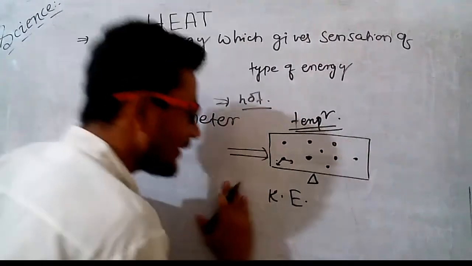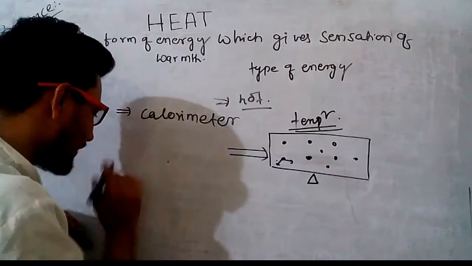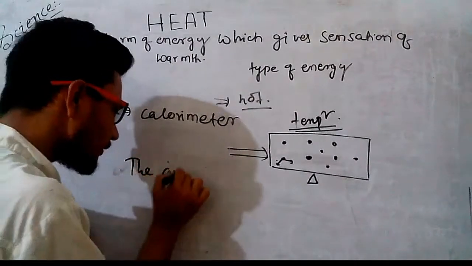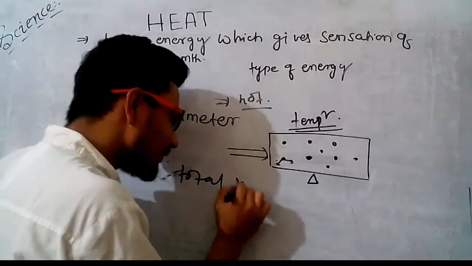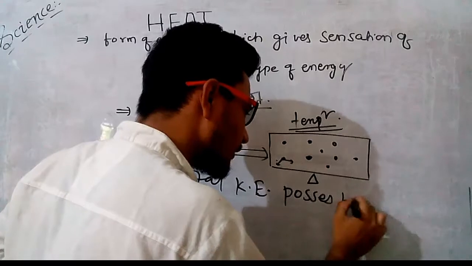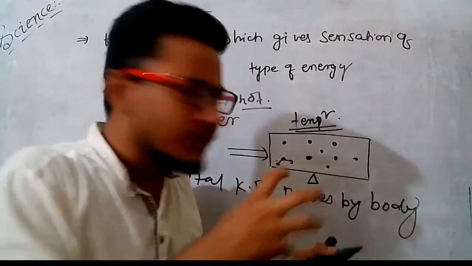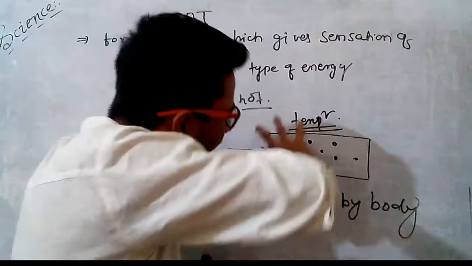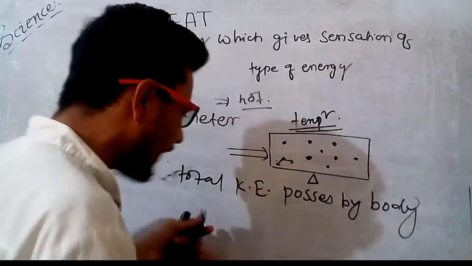In terms of kinetic energy, heat can be defined as the total kinetic energy possessed by a body. The total kinetic energy contained in all molecules is called heat energy.